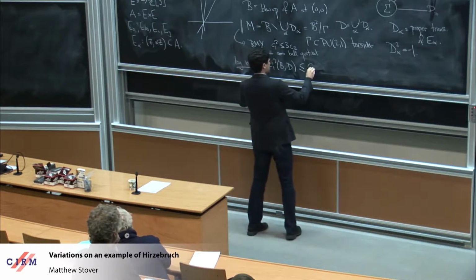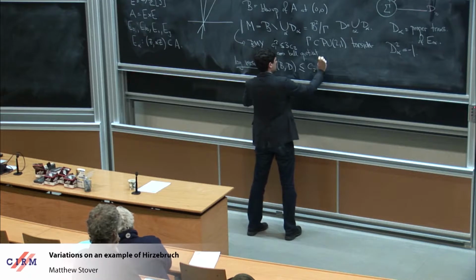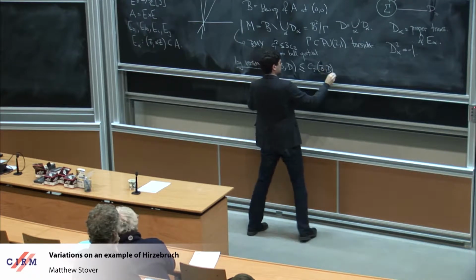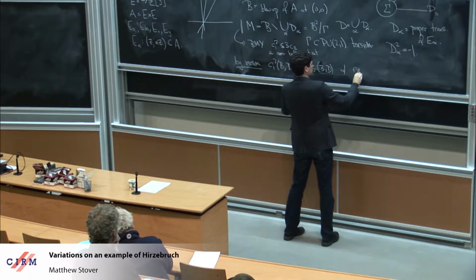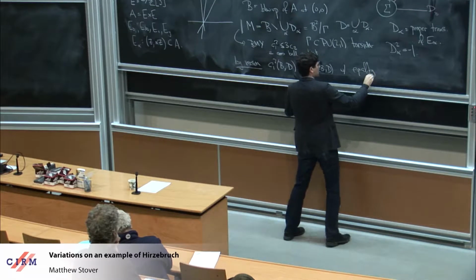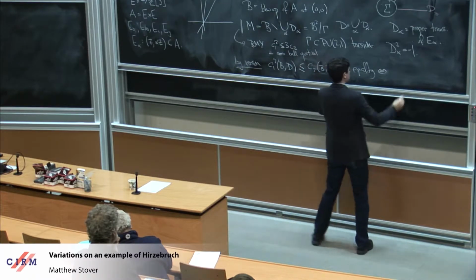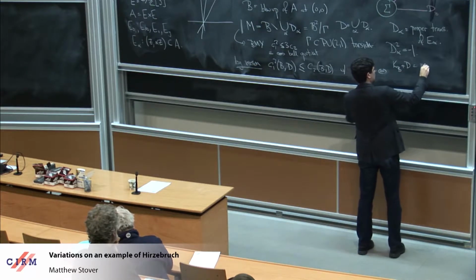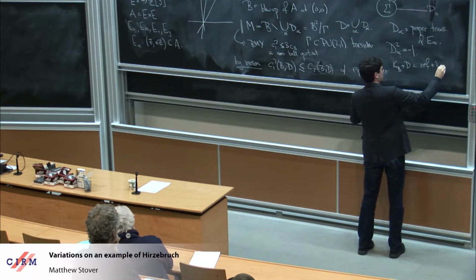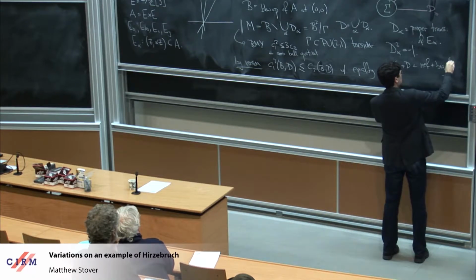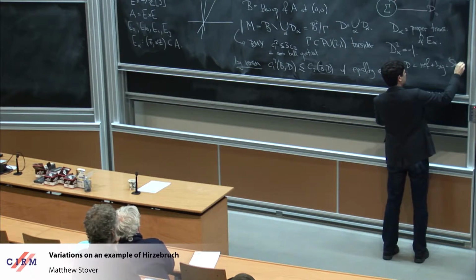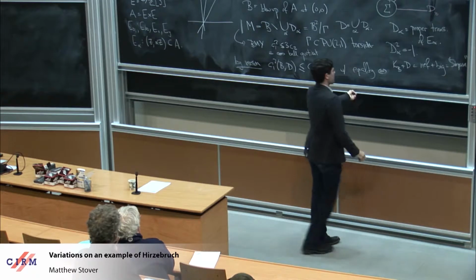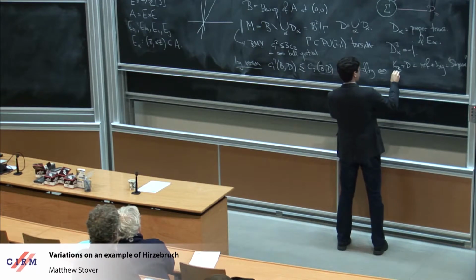And this is less than or equal to 3C2 of B, D with equality if and only if K_B plus D is nef and big, which we will recast at this conference to be Simpson, and you have equality.